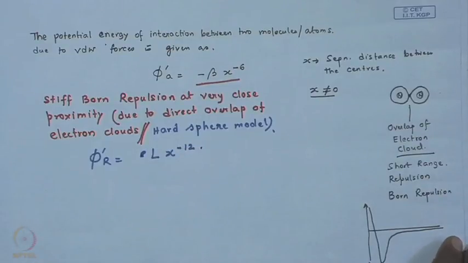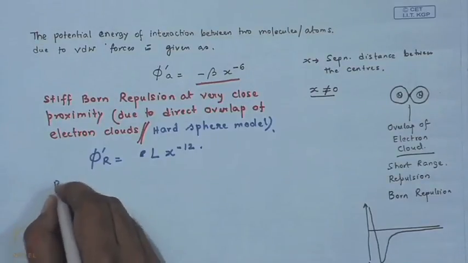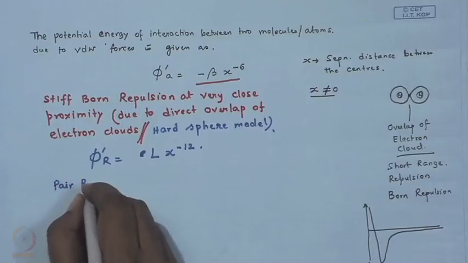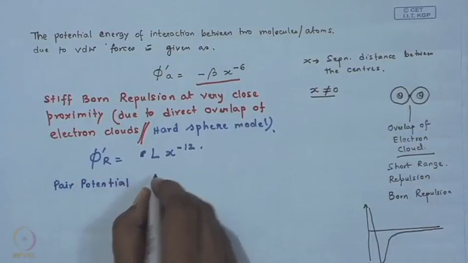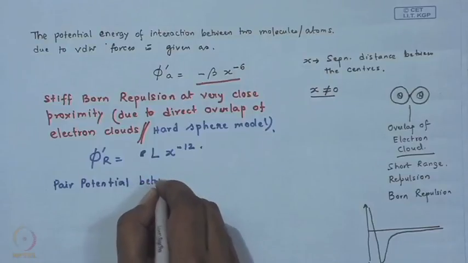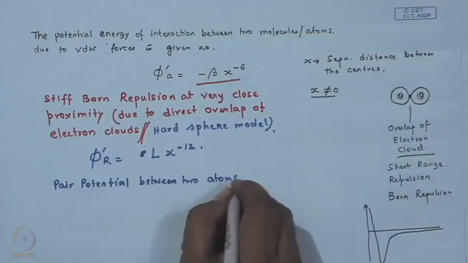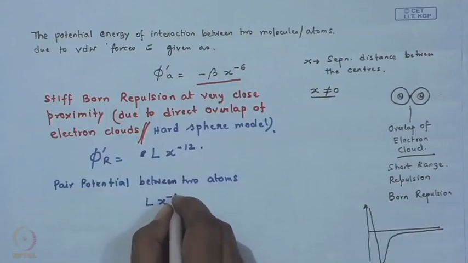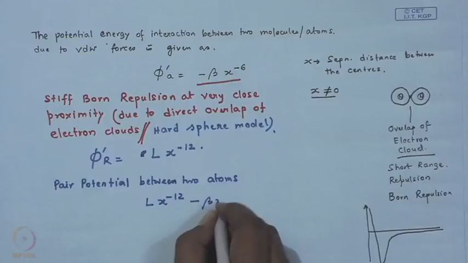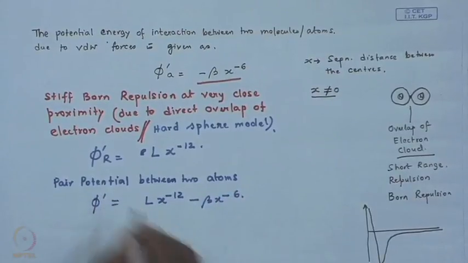So, the pairwise potential, or as we will be referring to it, pair potential between two atoms is given as L. We use the term phi dash.